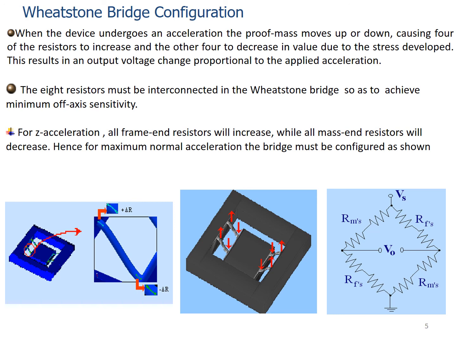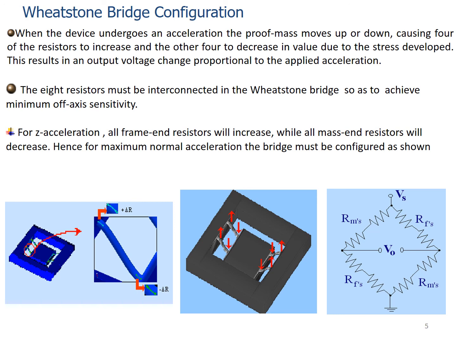Now, if I want to design an accelerometer which should be sensitive to the z-axis only, then my requirement is that if some undesired acceleration or force is applied from the x-axis or y-axis, then that should not affect my performance. Right? But if it is affected by undesired x and y axis as well, then we can say that there is some cross-axis or off-axis sensitivity also.